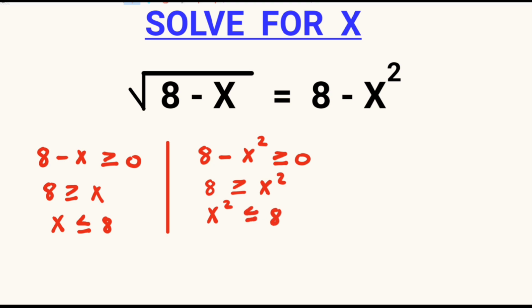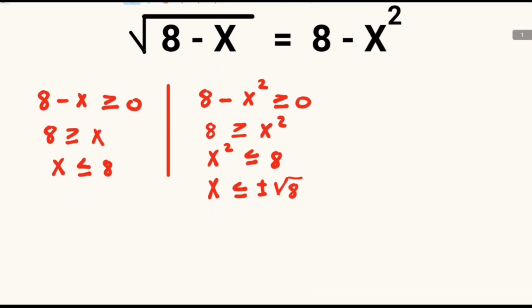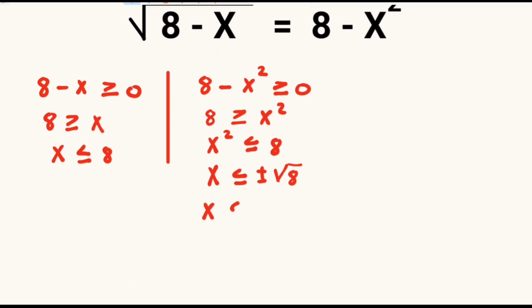We introduce the square root to both sides of the equation. The x should be less or equal to plus or minus the square root of 8, or rather x should be an element of negative the square root of 8 to positive the square root of 8.